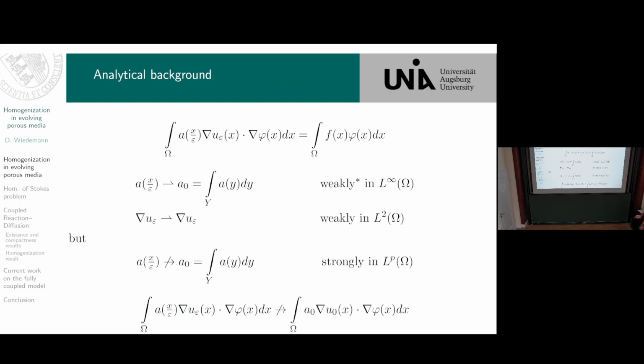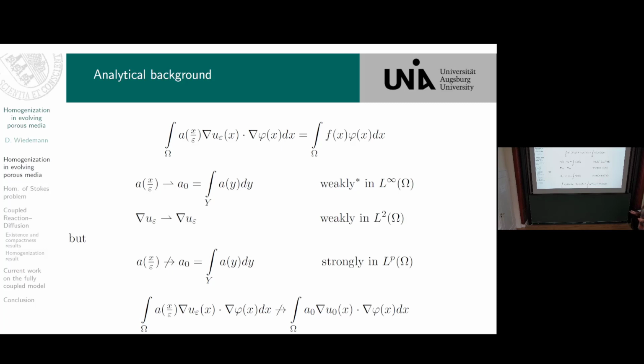Okay. So in order to explain a little bit more in detail how we do this, let's first take a look at the two-scale convergence and how we do the homogenization with it. If we want to pass to a limit for this left-hand side of the weak formulation, the problem is that we have only some weak convergence for the coefficient in general, and by a compactness argument we have only weak convergence for the gradient, and then we cannot pass to the limit.